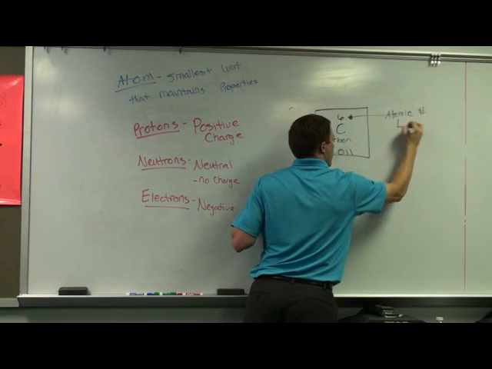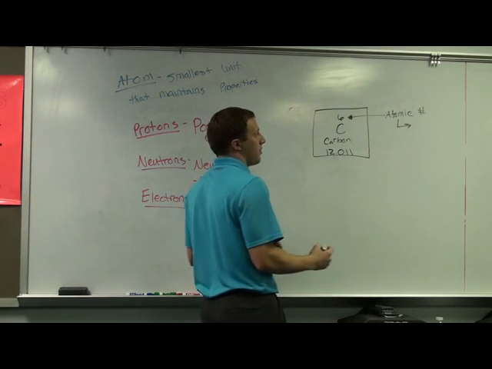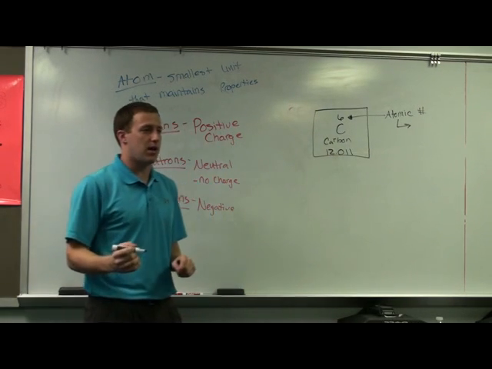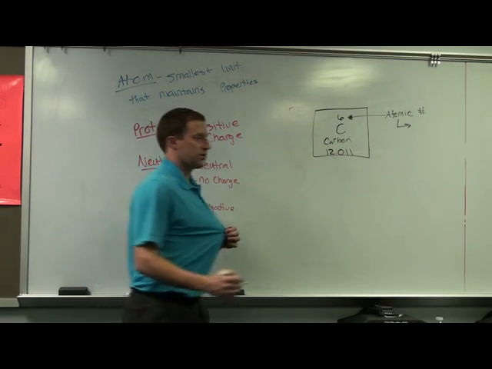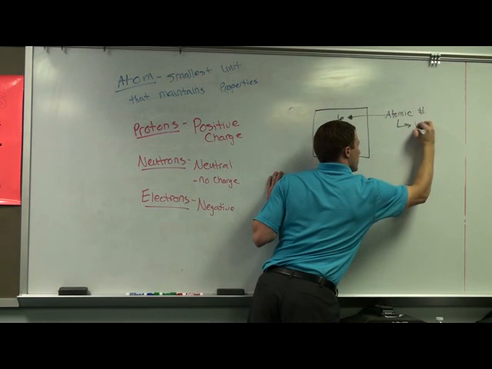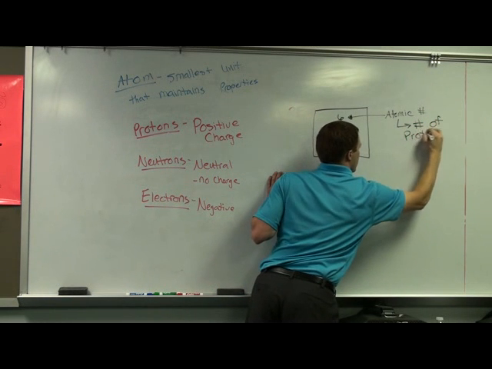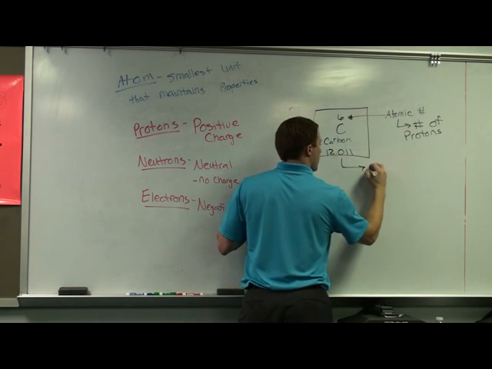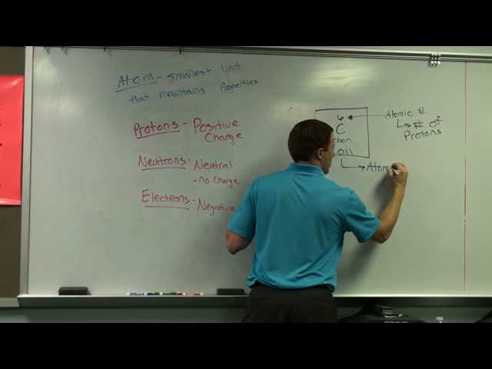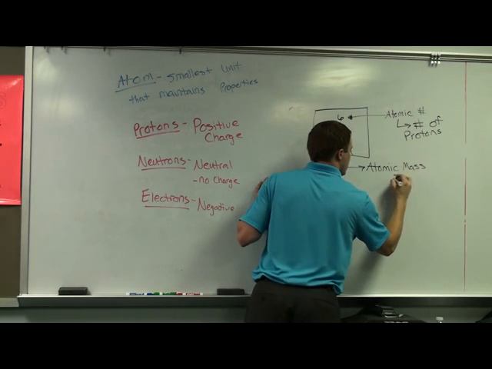Okay, and your atomic number equals what? No, your atomic number doesn't equal your atomic mass. Your atomic number equals the number of protons. Good. Okay? And then this one is the atomic what? Mass. Good. And the atomic mass equals what?